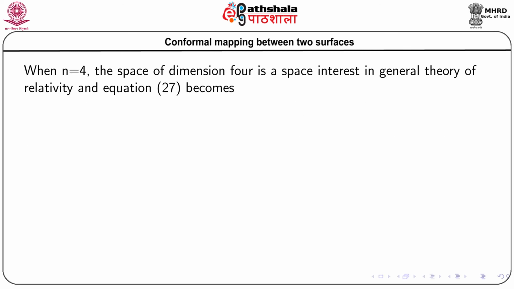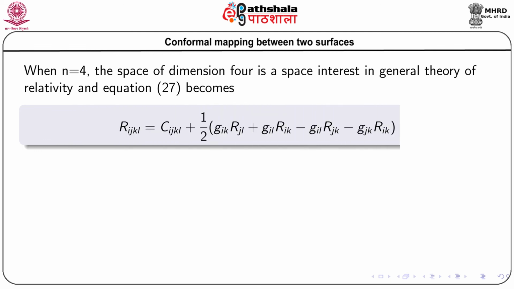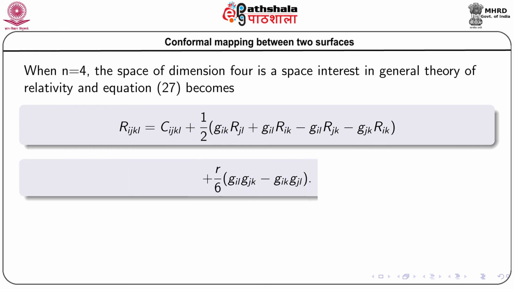When n equals 4, that is for 4th dimension, because it is used for general theory of relativity, in that case the equation becomes R i j k l equals C i j k l plus half of g i k R j l plus g i l R i k minus g i l R j k minus g j k R i k plus R by 6 g i l g j k minus g i k g j l.